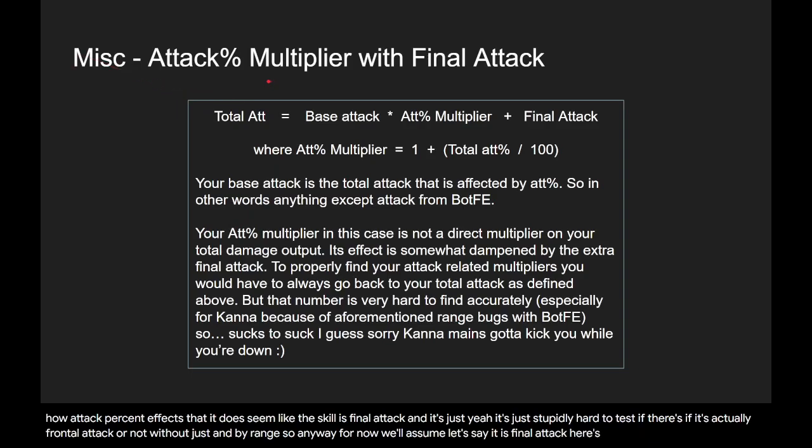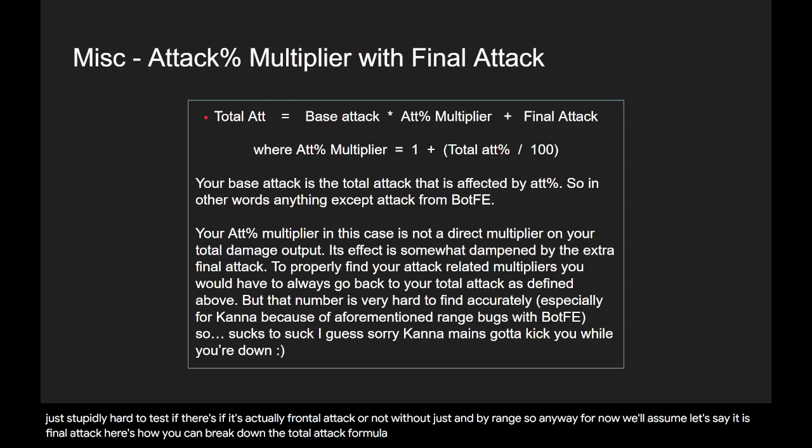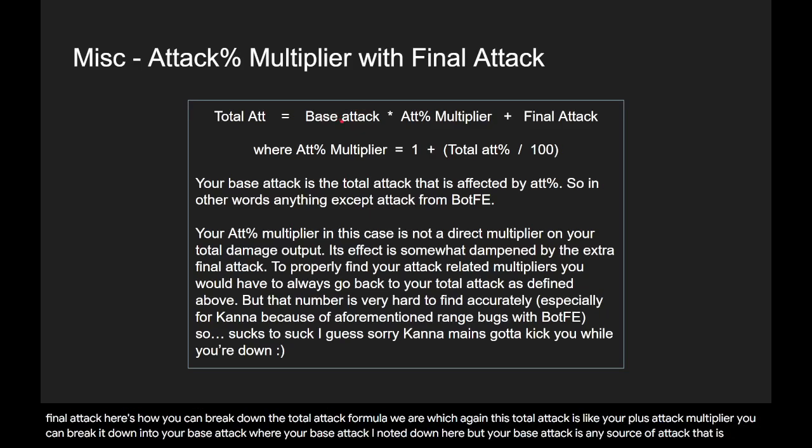Here's how you can break down the total attack formula. Again, this total attack is like your plus attack multiplier. And you can break it down into your base attack, where your base attack, I noted down here, is any source of attack that is affected by attack percent.